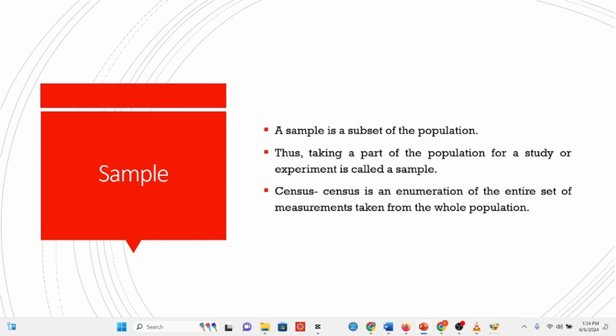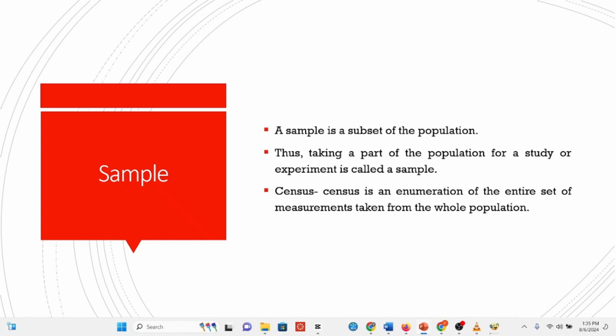In research, the terms population and sample refer to distinct concepts that are central to the process of data collection and analysis. The population encompasses the entire group of individuals or items that are the subject of a research study. It represents the complete set of entities that researchers are interested in studying.